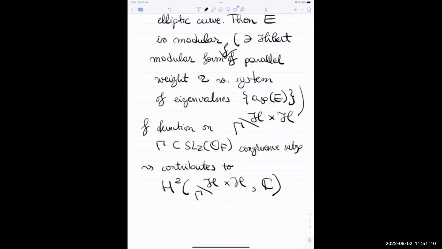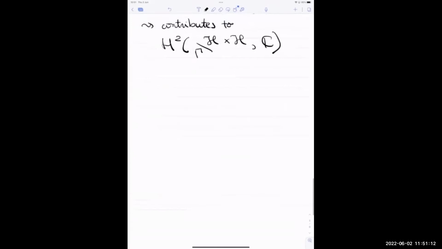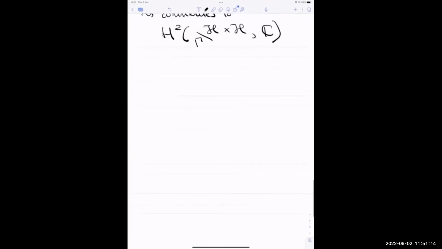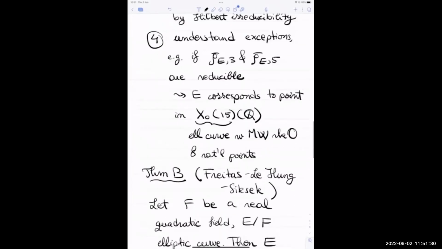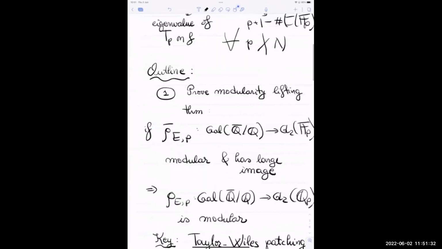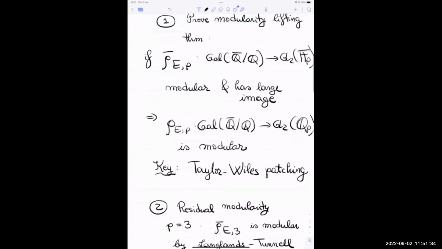Okay, and to prove this theorem, one uses a similar method to theorem A. So maybe I just go over the steps that I outlined, and I tell you what's different.